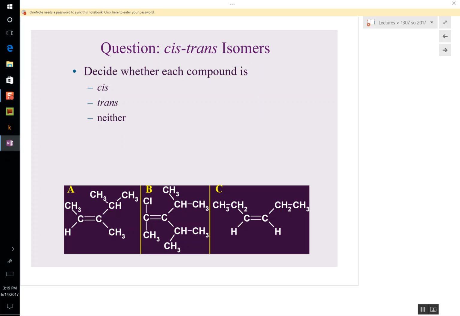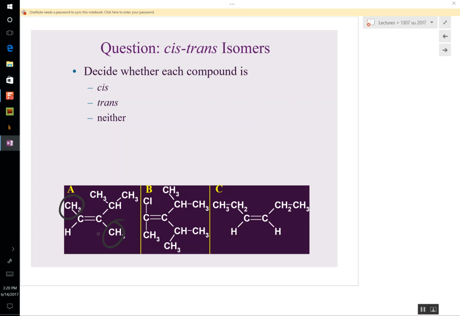Okay, let's look at A. What do you think? Cis and trans isomers for A? I mean, does it have an isomer? Yes. Okay, and you're saying it is the trans isomer? Yes. All right, because these two methyls here are across from each other. How about B?